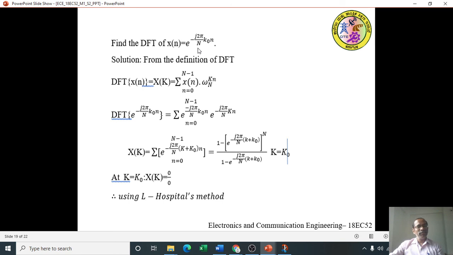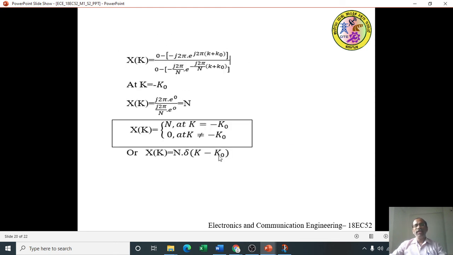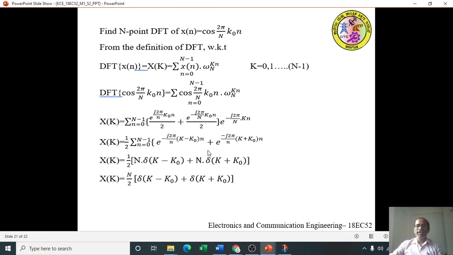Same procedure for e power minus. Take your DFT formula. Wherever x of n is there, replace it by e power minus j 2 pi by n into k naught into n, and use the same procedure, L'Hospital method, and you get an answer. X of k is equal to n into delta of k plus k naught.